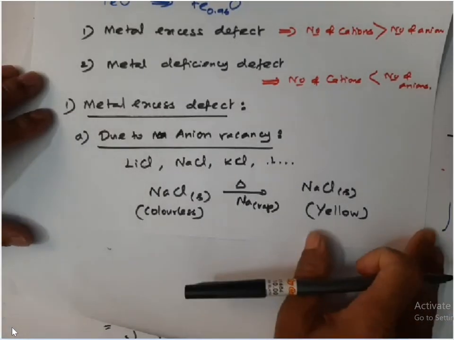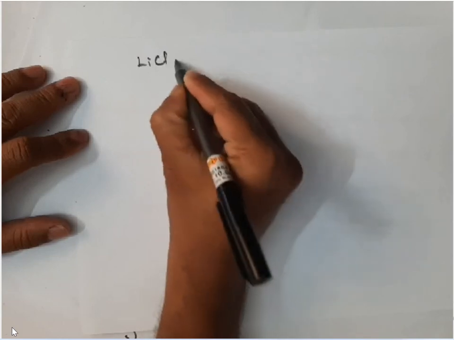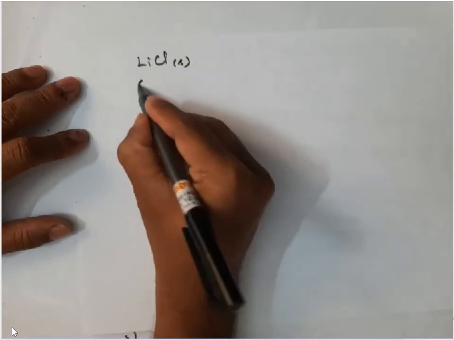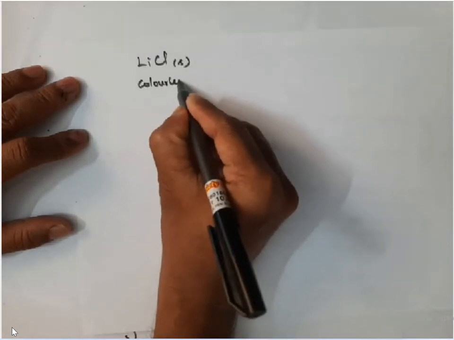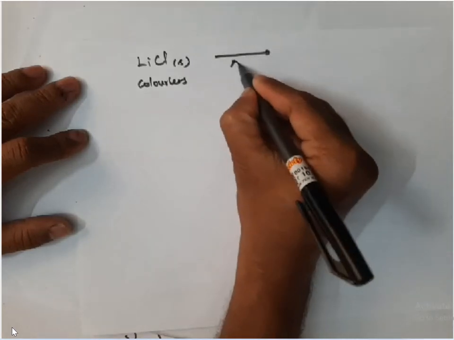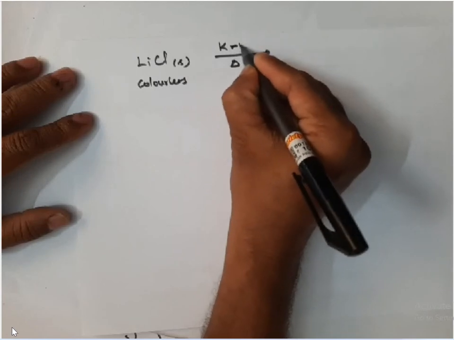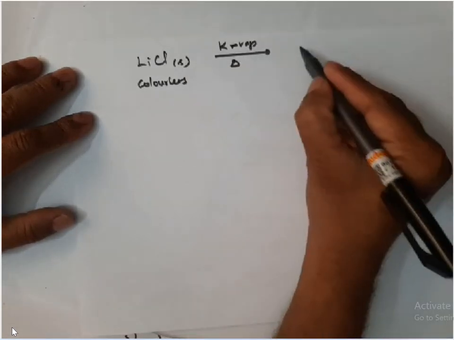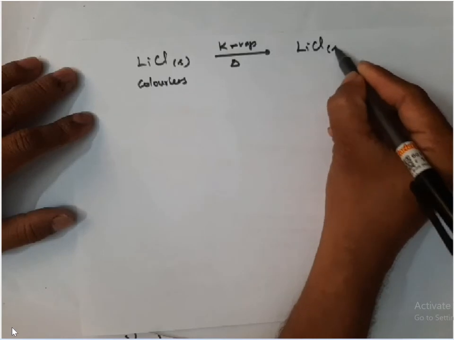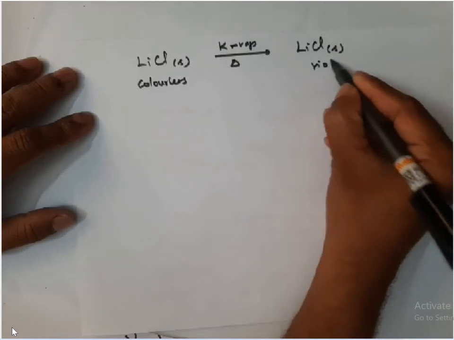Similarly, if you take lithium chloride crystal solid, this is also colorless. You heat it in the presence of some alkali metal vapor, sodium or potassium metal vapor. What will happen? Lithium chloride will give you violet color.